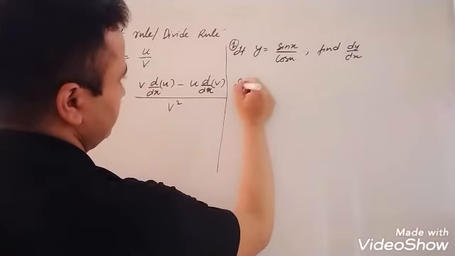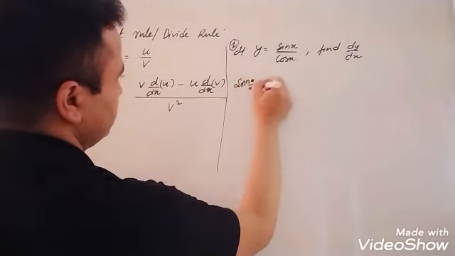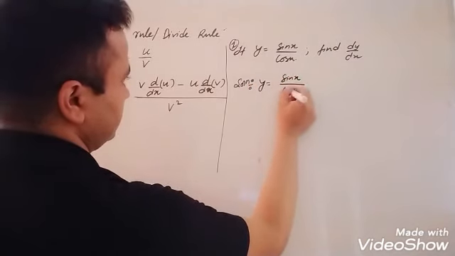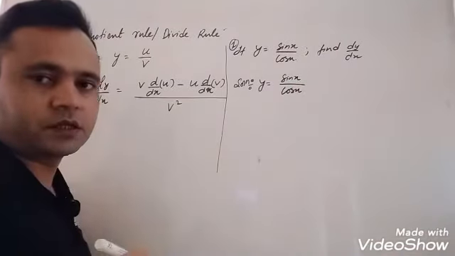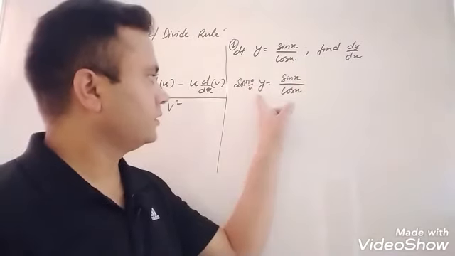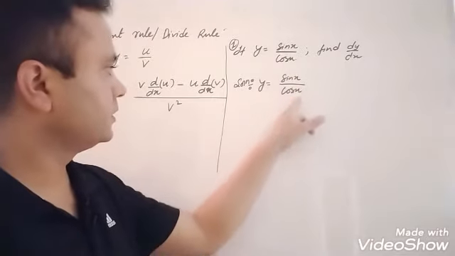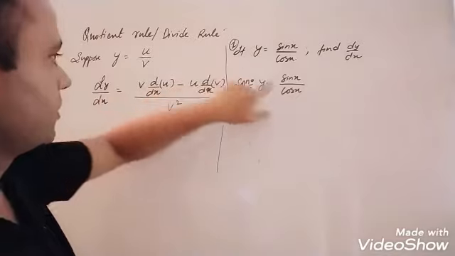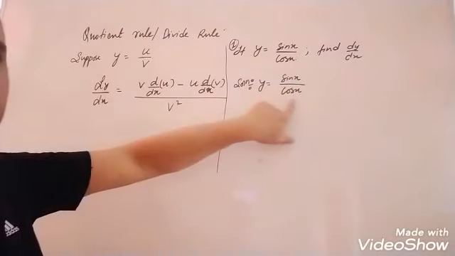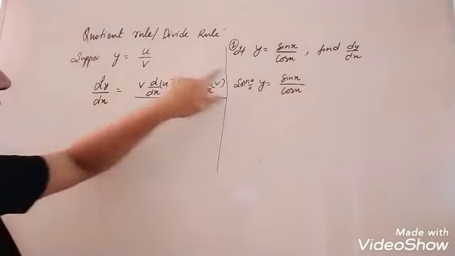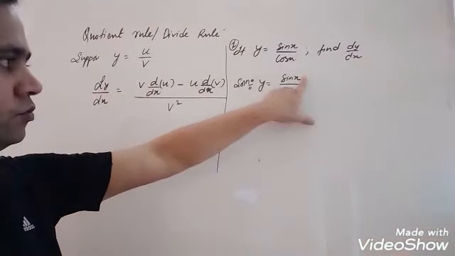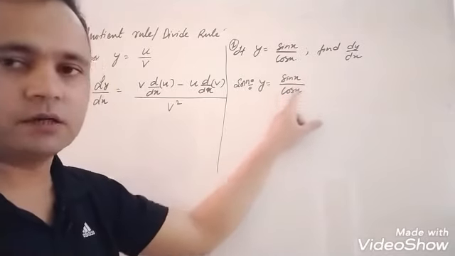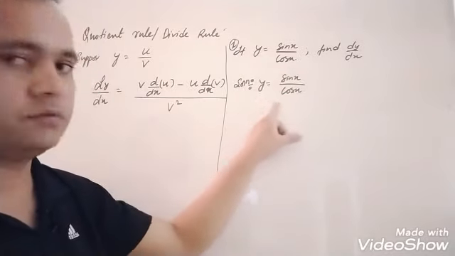So in the solution, first we have to write the given function, that is the quotient function sin x by cos x. So y equals, now compare this function with this formula. It is a quotient function because one function is divided by another function.